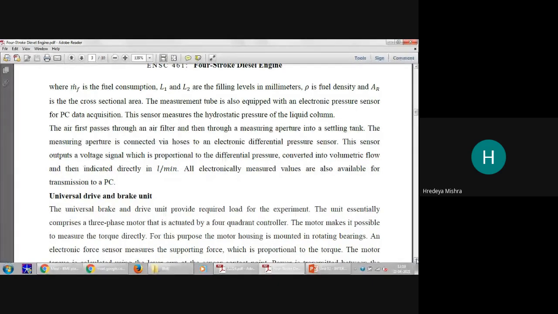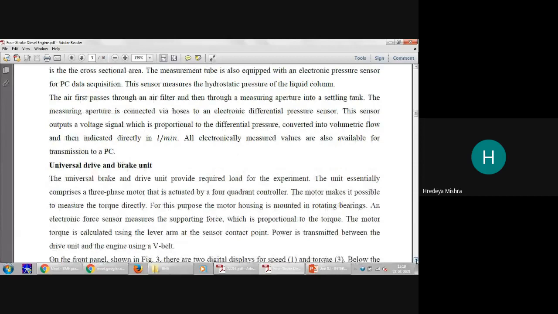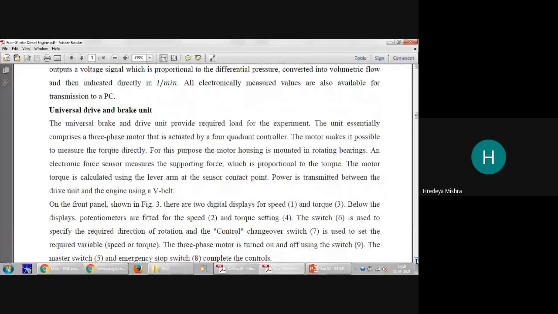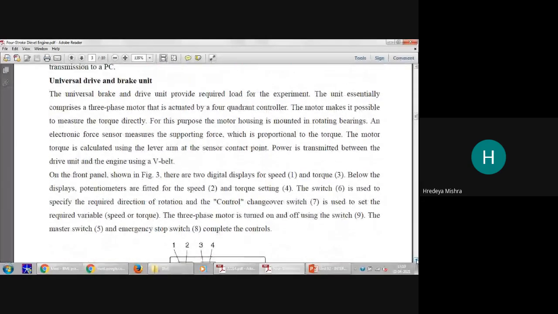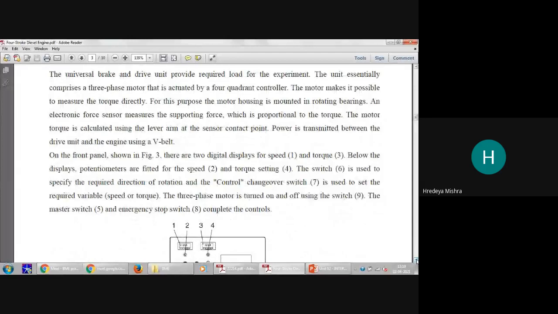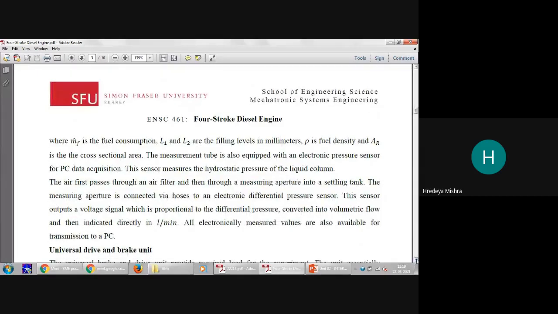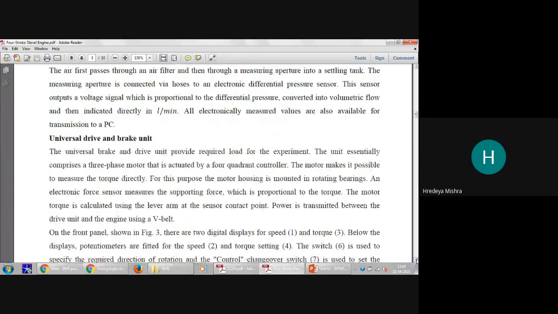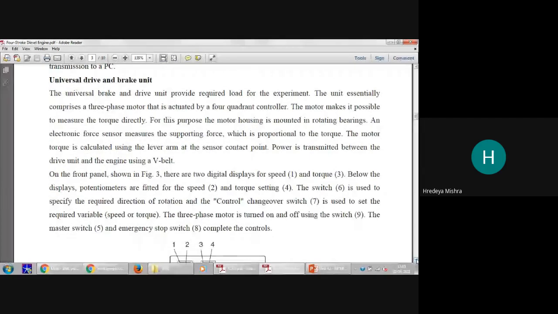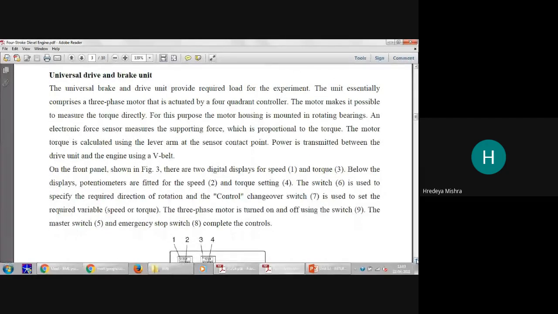So see here, the universal drive and brake unit provides the required load for the experiment.